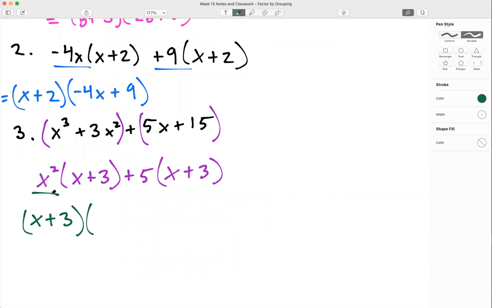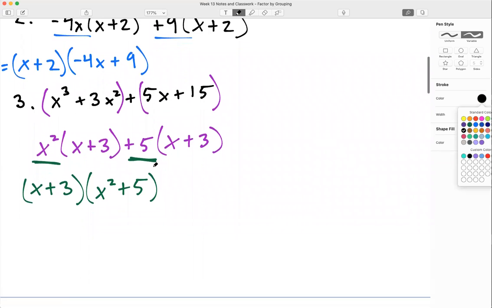And then what we're left with is the x squared plus the 5 right there. And you can see what happened there. We literally just pulled out x plus 3 from this whole term right here, and the x plus 3 from this whole term right here. And we got this, binomial times a binomial.